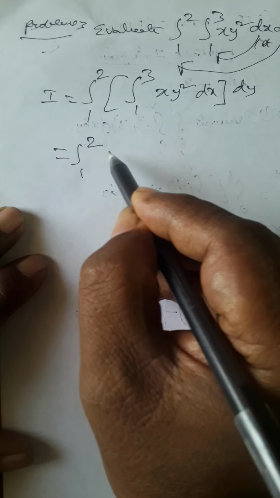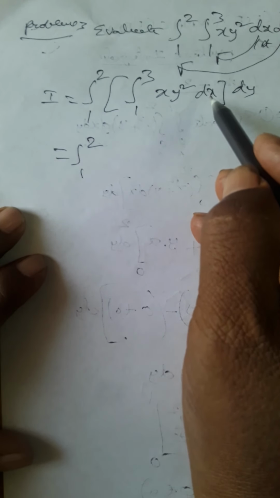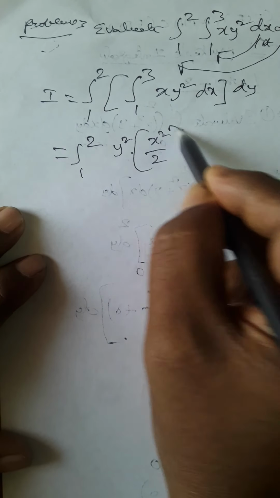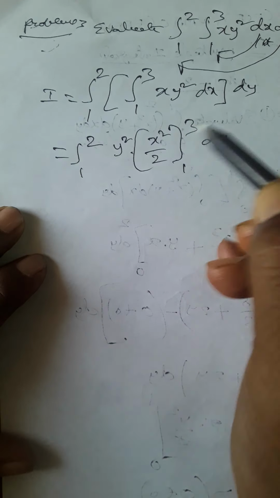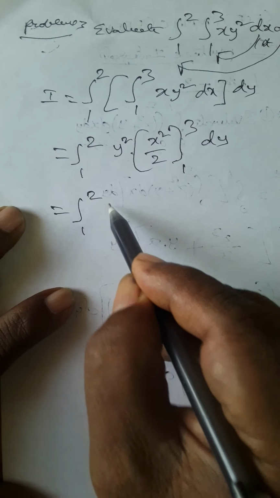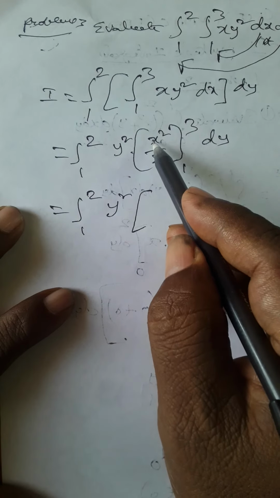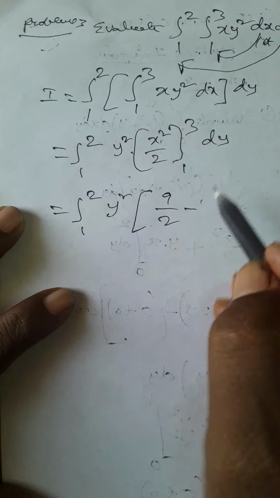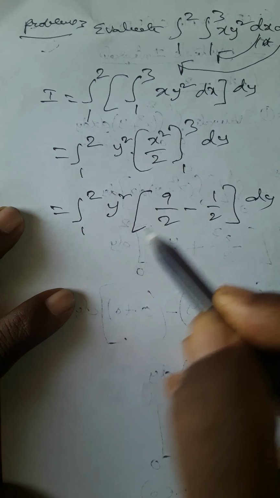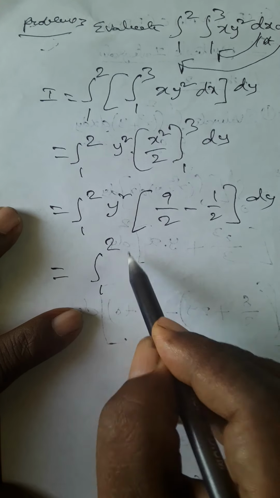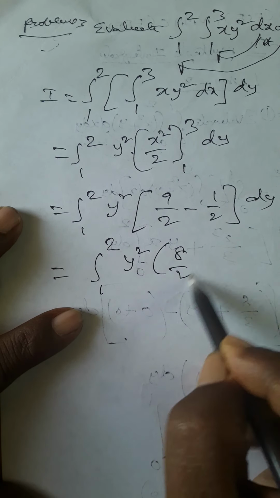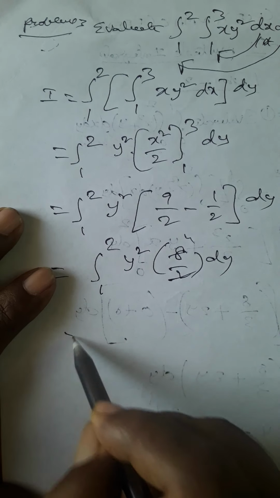Integral 1 to 2, here integration with respect to x, y square constant, integral x is x square by 2, 1 to 3, dy. Integral 1 to 2, y square into upper limit 3 square 9 by 2, minus 1 square 1 by 2, dy. So integral 1 to 2, y square, 9 minus 1, 8 by 2, dy, 4, common 4.